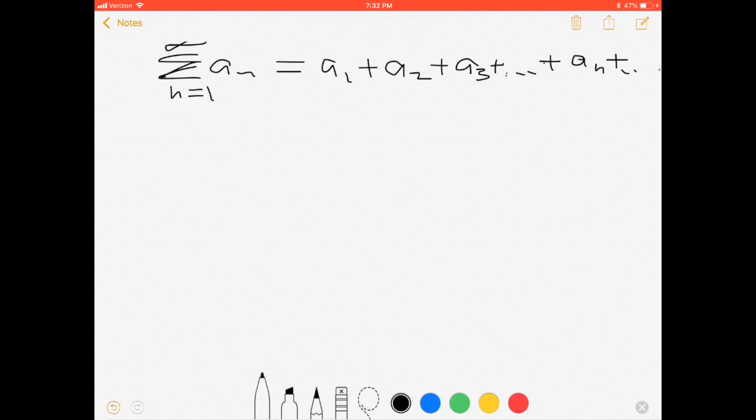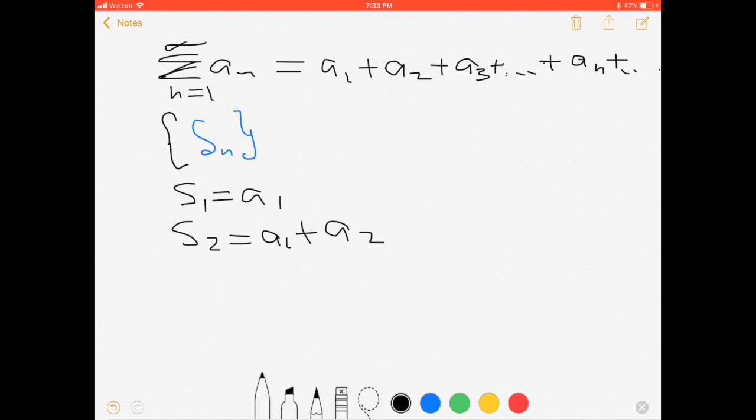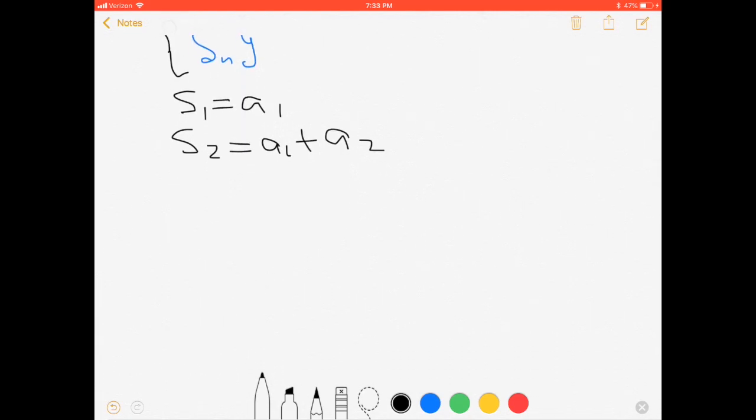Sequence of partial sums. It will be this kind of thing: S_1 is the first term, S_2 is the sum of the first and second terms in the series, and S_n is the sum of the first n terms.